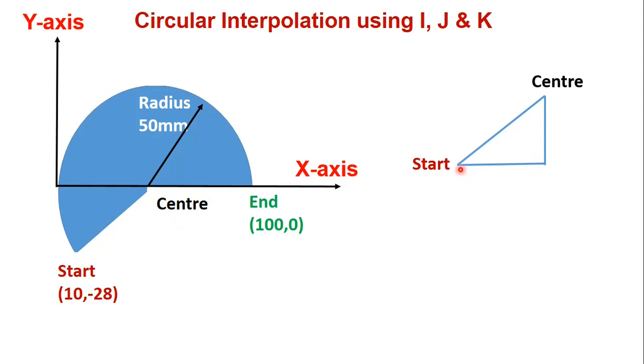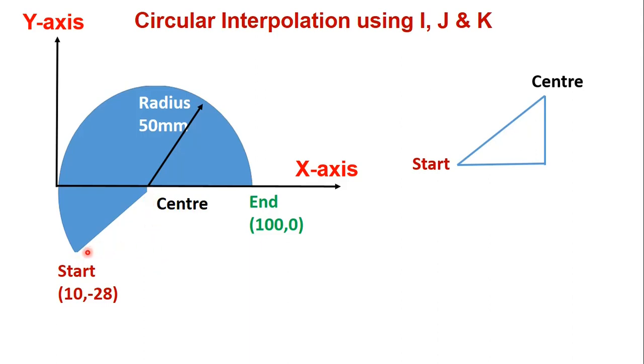So let's first measure this direction. I want to know this distance in the X axis. The definition of I says start to the center in the direction of X. So I am going in the direction of X, and this much is my distance. What is this distance? I know the coordinate of the start in X is 10, and the coordinate of the center in this axis is 50.